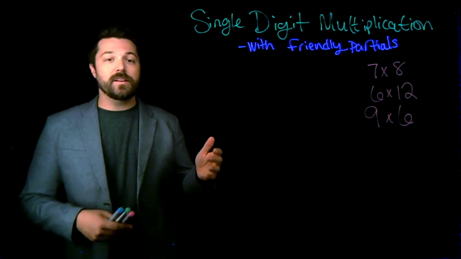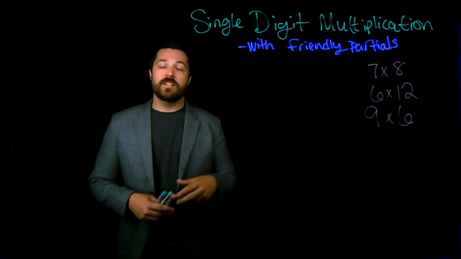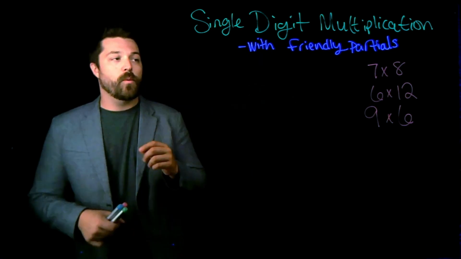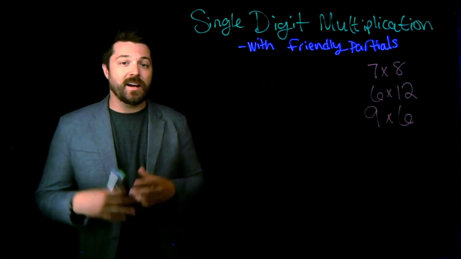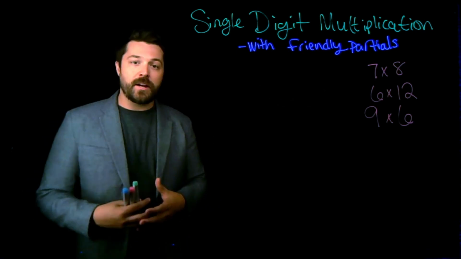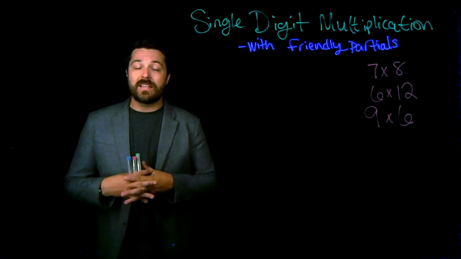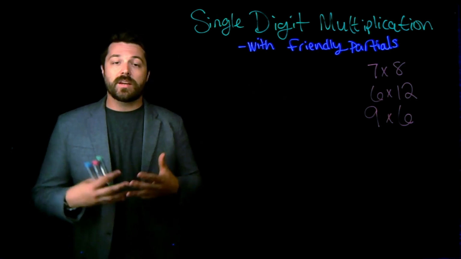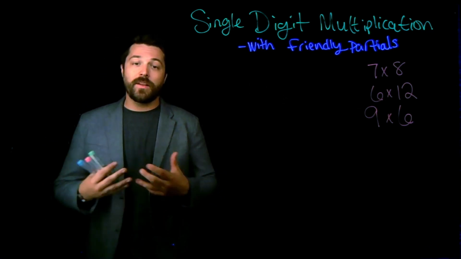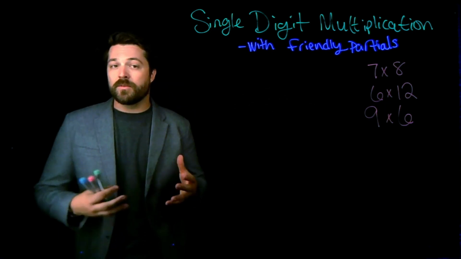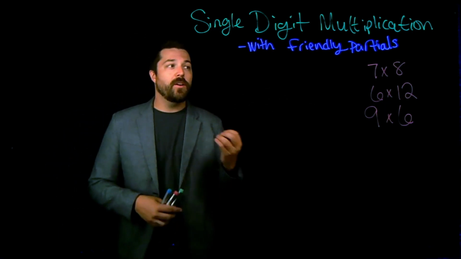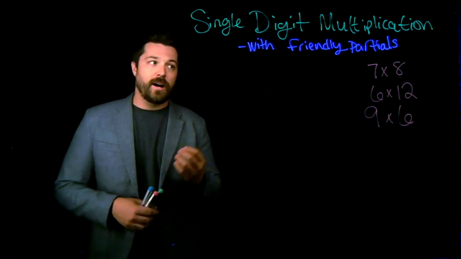So we're going to look at this strategy for single digit multiplication, where we are going to multiply with friendly number partials. A lot of times you might think of partials as a multiplication strategy just when we're dealing with larger numbers that we can decompose into their place value. We can multiply a number, say by 23, if we decompose that into 20 and 3, but we can also do that with single digit numbers.